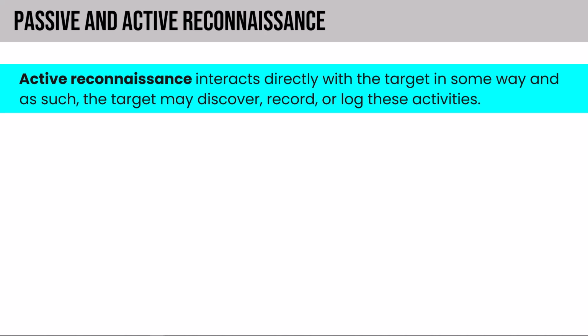For example, if they're scanning a public IP range they know that customer owns, that could be noticed by that customer's public-facing defenses. If they actively interrogate the company's corporate website trying to find vulnerabilities, that's going to be noticed.